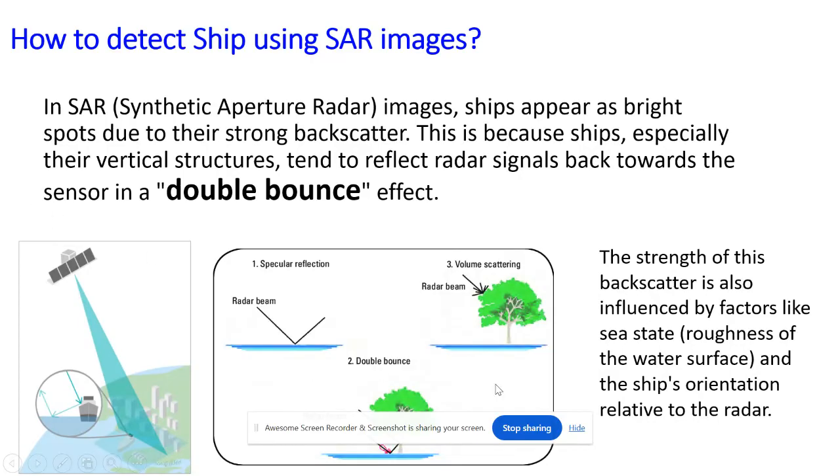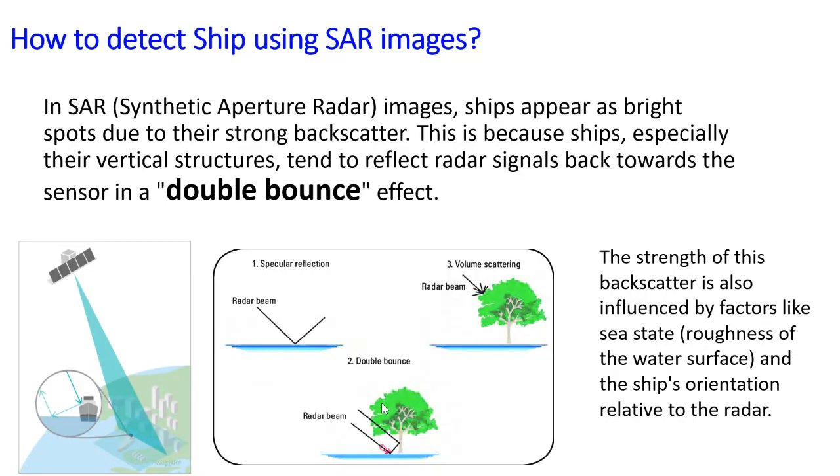But it will be different if you look at a ship. When the signal comes, it goes back with the double bounce effect. Because of this double bounce effect, when the signal travels back to the sensor, it will be a very high signal, and in the image it will show a bright spot.